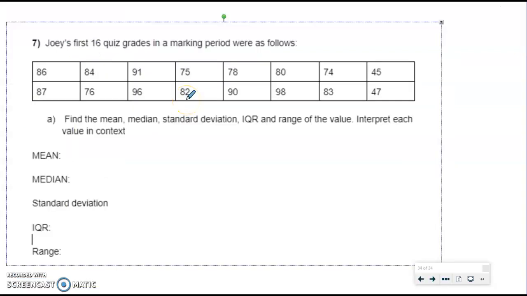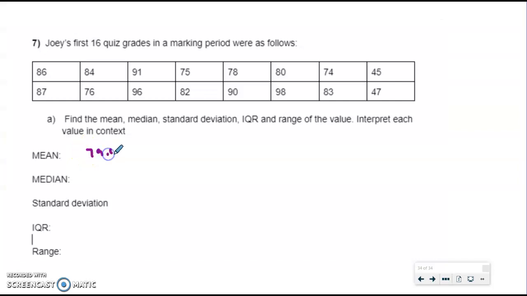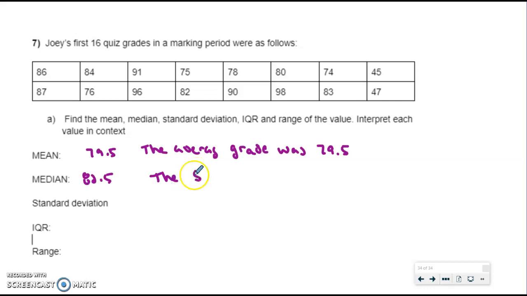So looking at this, I got 79.5 is my mean. So the average grade was 79.5. I got the median to be 82.5. The 50th percentile grade was 82.5.